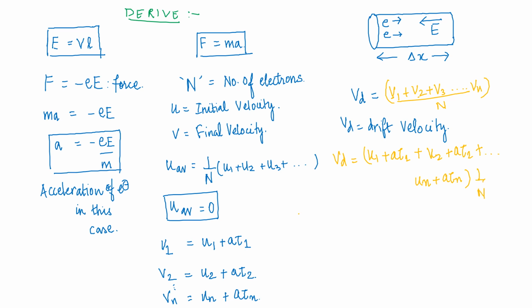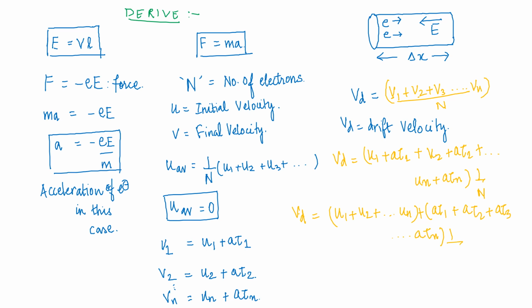Now we will get the equation for Vd as U1 plus U2 up to Un, and another term, A tau 1 plus A tau 2 plus A tau 3 up to A tau n.